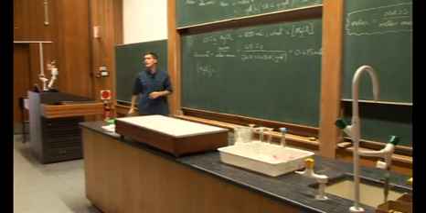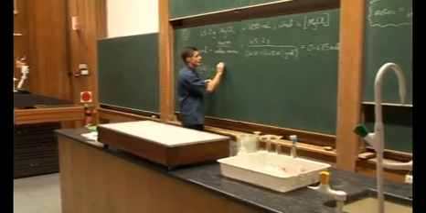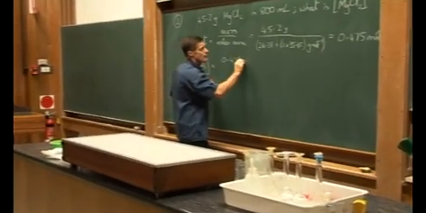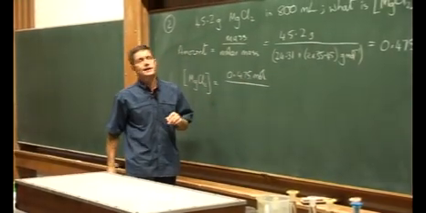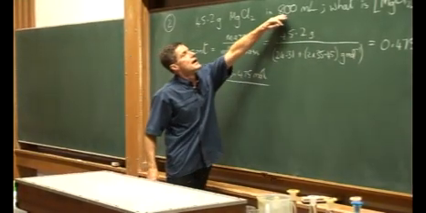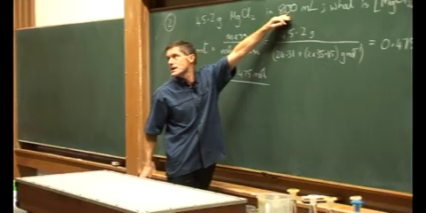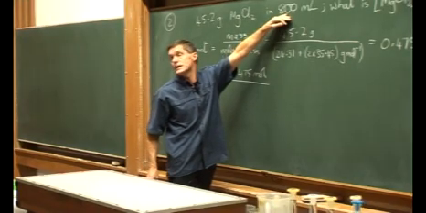I now have a number of moles. I divide it by the volume in litres. I have a measurement here in millilitres, and I need to convert that to litres.